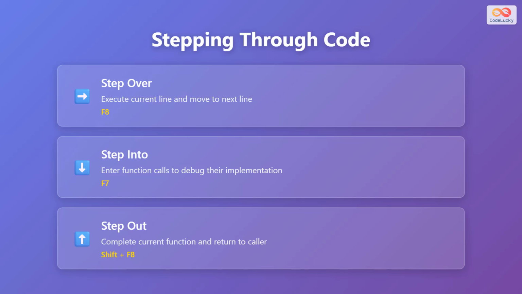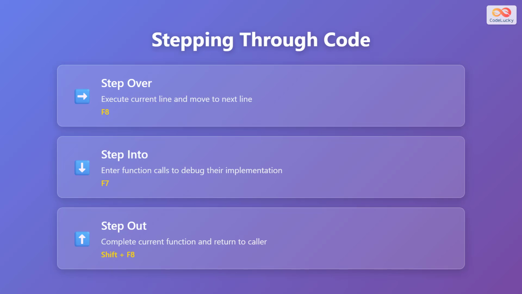Once your program is paused at a breakpoint, you need to navigate through your code. There are 3 essential stepping commands. Step over, activated by pressing F8, executes the current line and moves to the next line. If the current line contains a function call, step over will execute the entire function without going inside it.